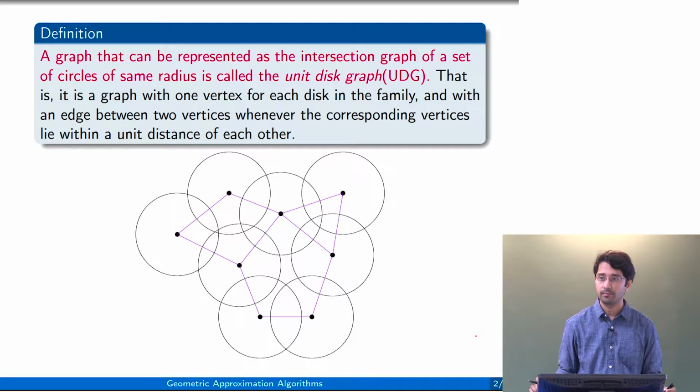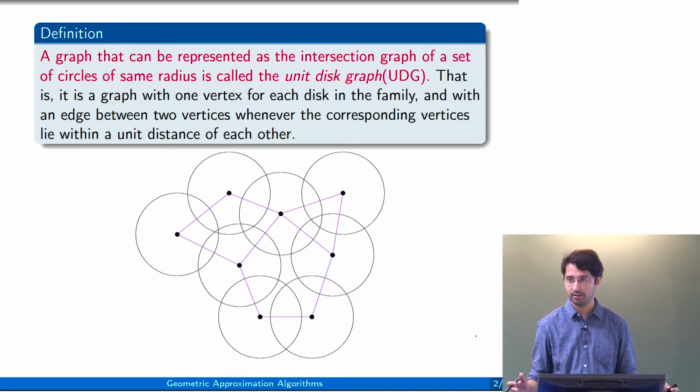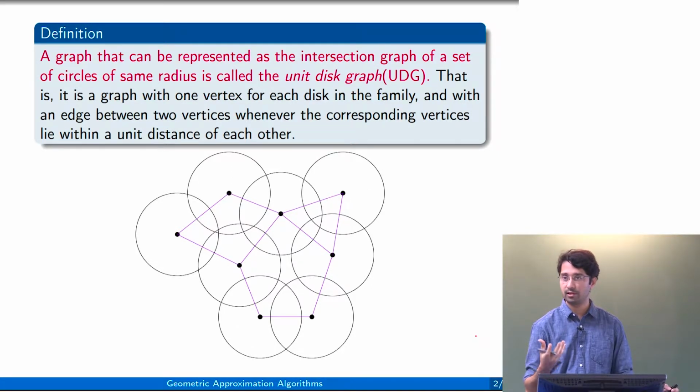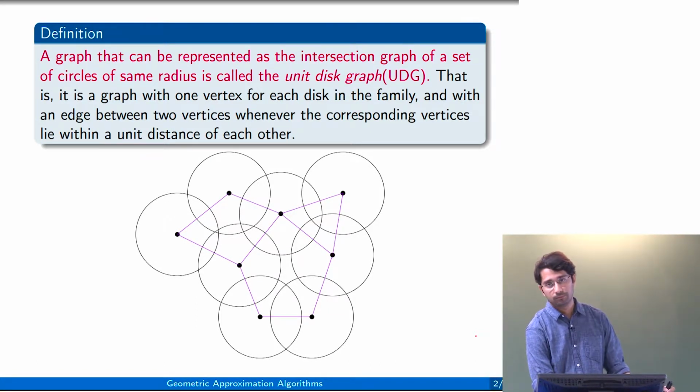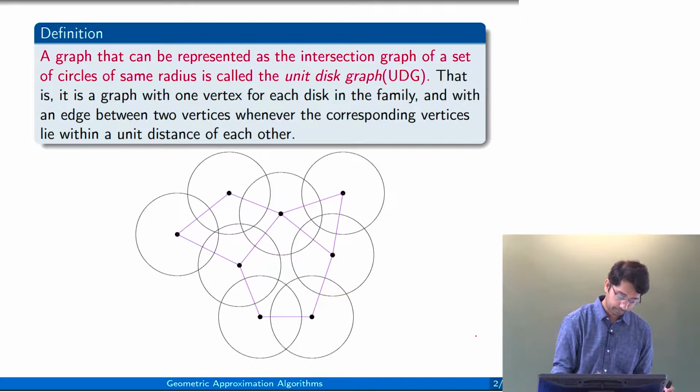Can the disks intersect, covering or overlapping the center of another? Yes, of course. Then if they intersect, can they contain each other? I am assuming that no two centers are the same, so they cannot contain each other because the radius of each disk is the same. It does not matter how they intersect; if they intersect there will be an edge between the two vertices.